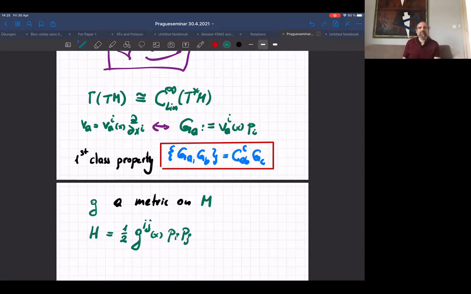It has the property, for example, that the flow it generates on T*M can be identified with the geodesic flow of the metric on M. So that's our Hamiltonian.